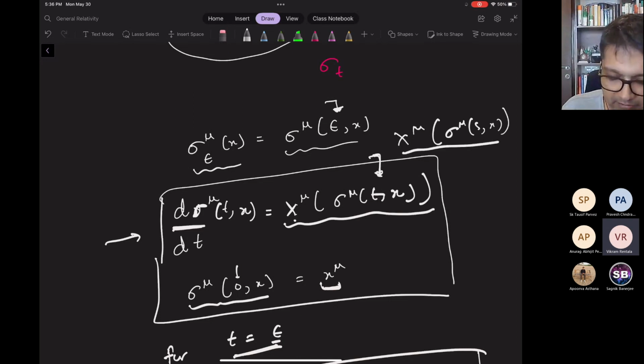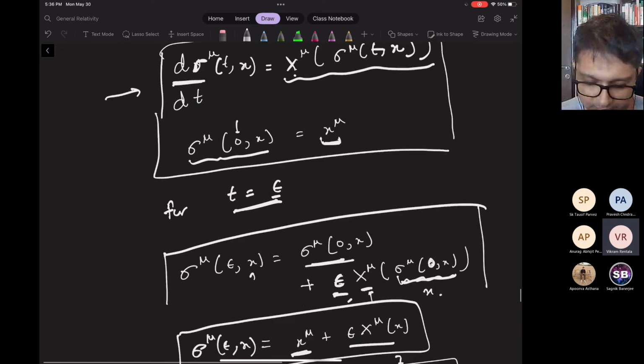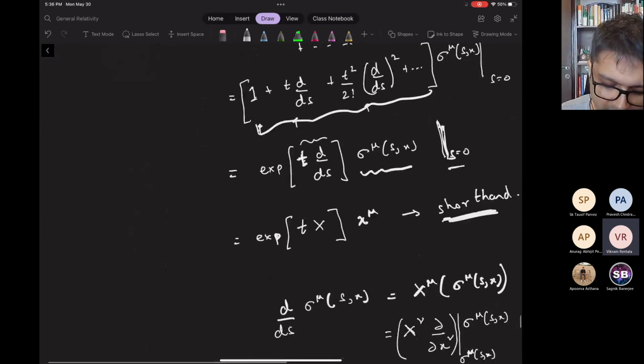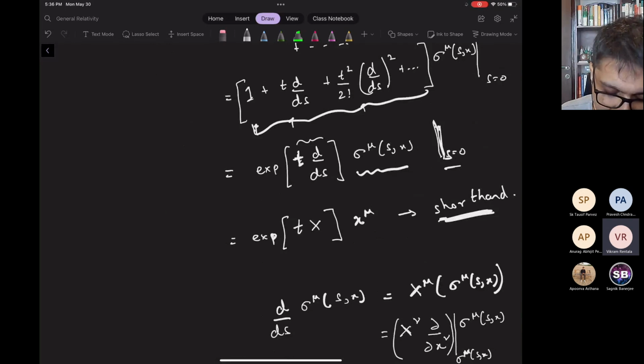So it's the vector field at the point sigma mu at s. In shorthand notation, this is the vector field. All I did was replace d by ds of sigma mu by the operation X. So in shorthand, it's written as the exponential of tX acting on x mu.